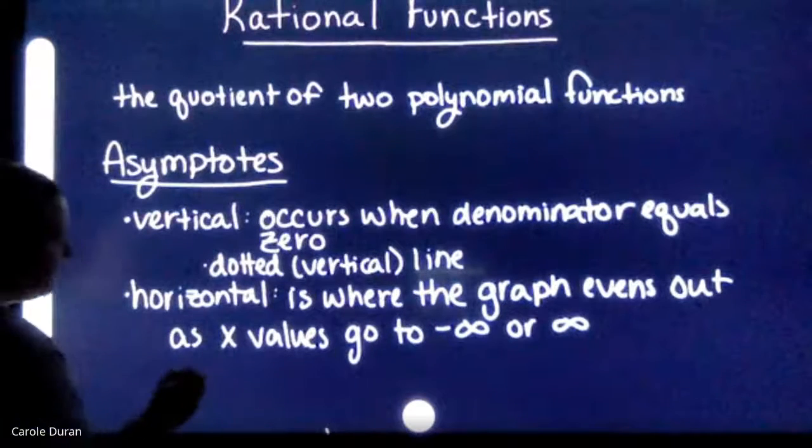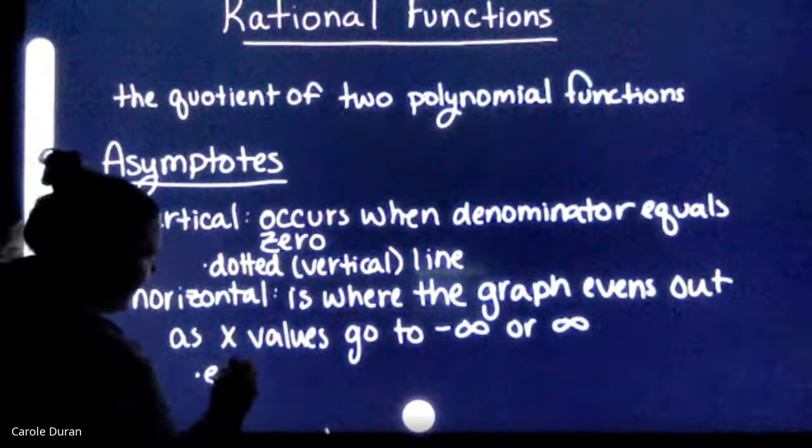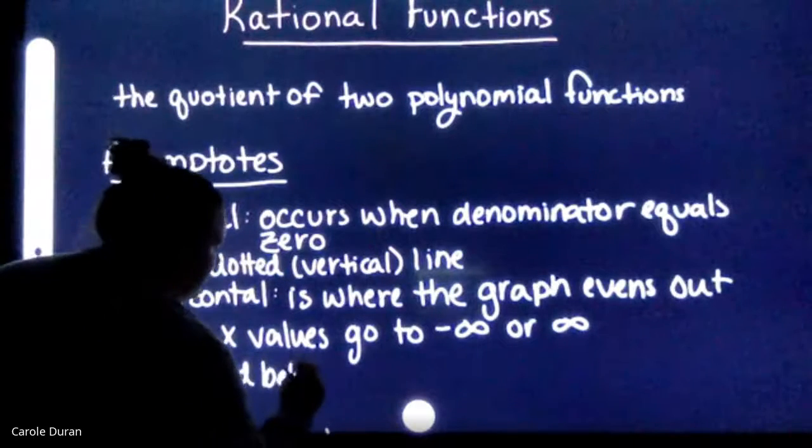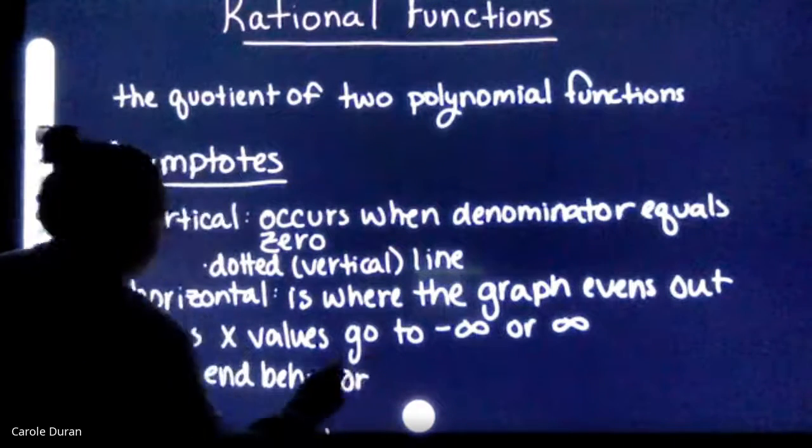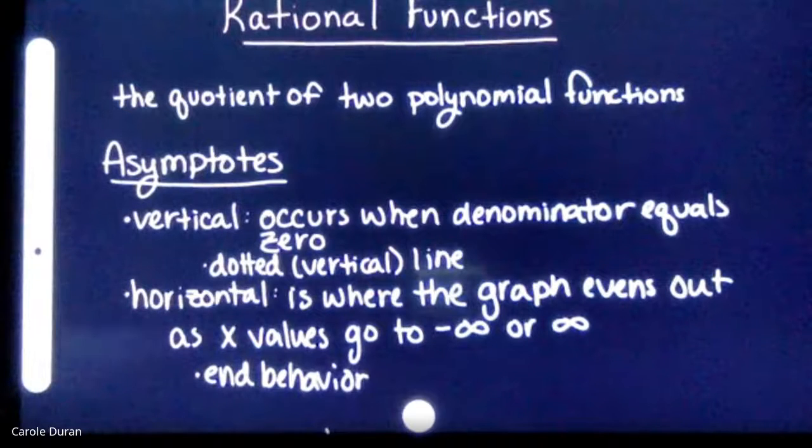We can also think of horizontal asymptotes as the end behavior of my graph. So all that we are going to do in this lesson is we are going to identify where horizontal and vertical asymptotes occur. And then we're going to identify domain and range of the functions as well.